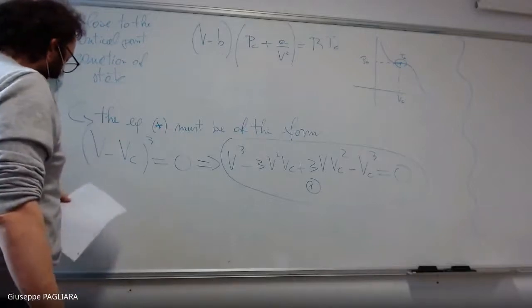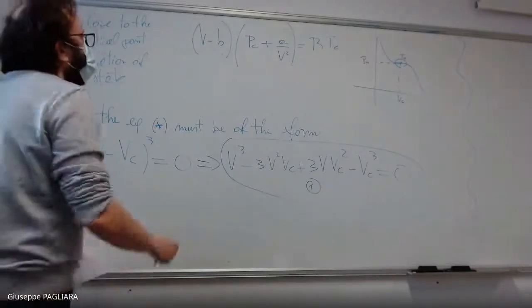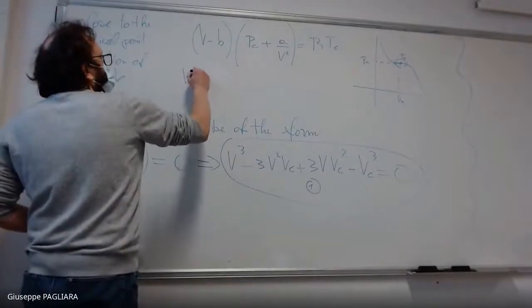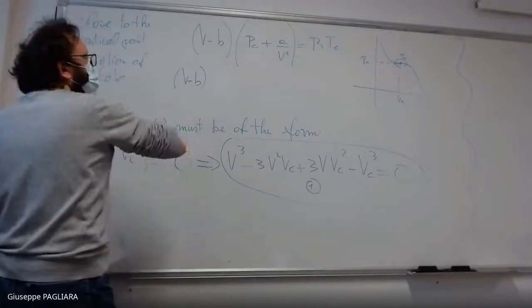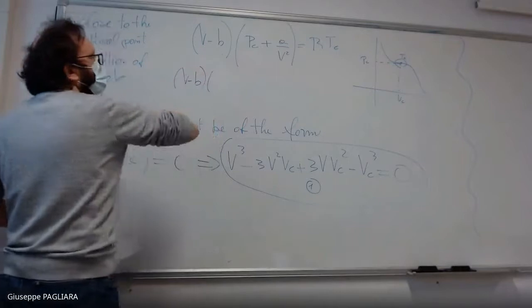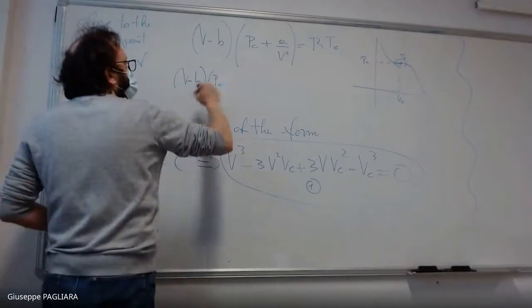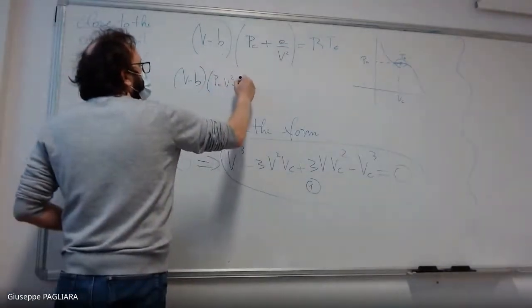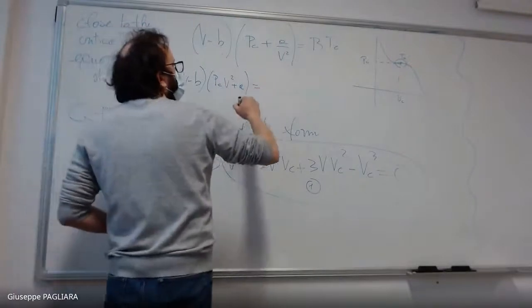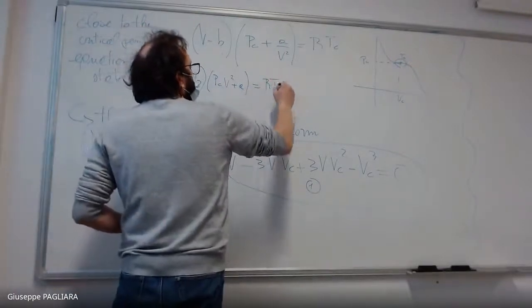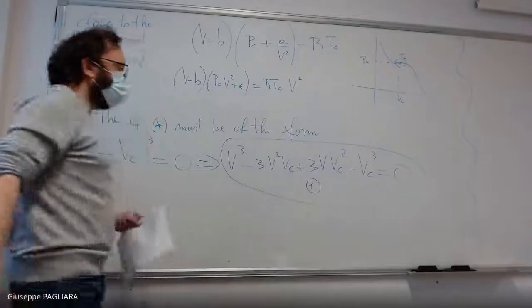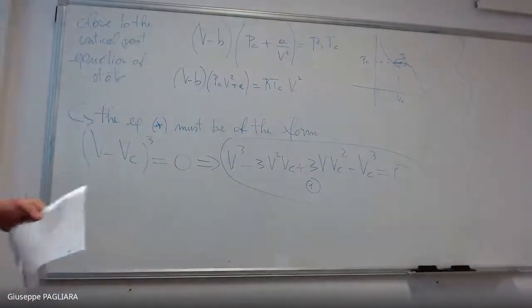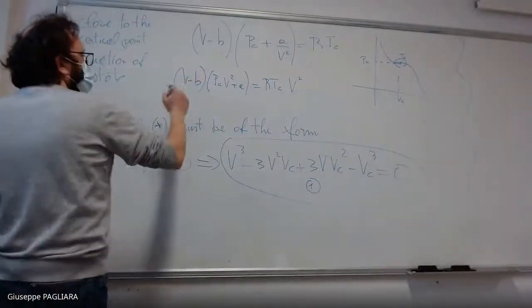So this is V minus B, then we have Pc V squared plus A equal to R Tc V squared. And now you can go on.